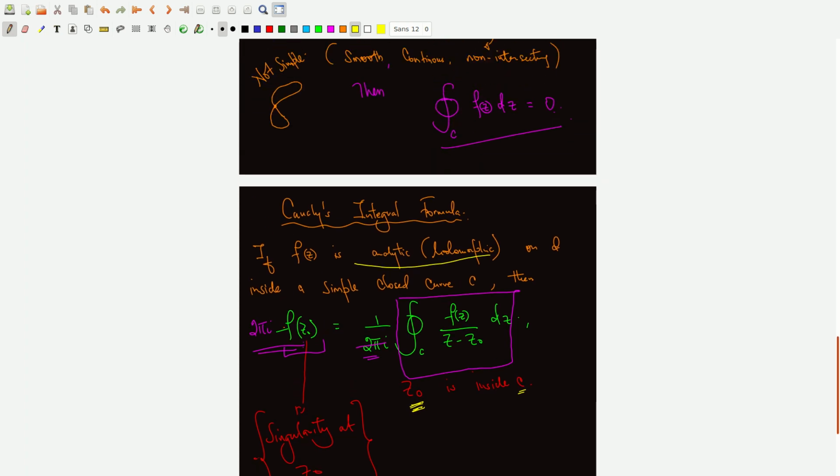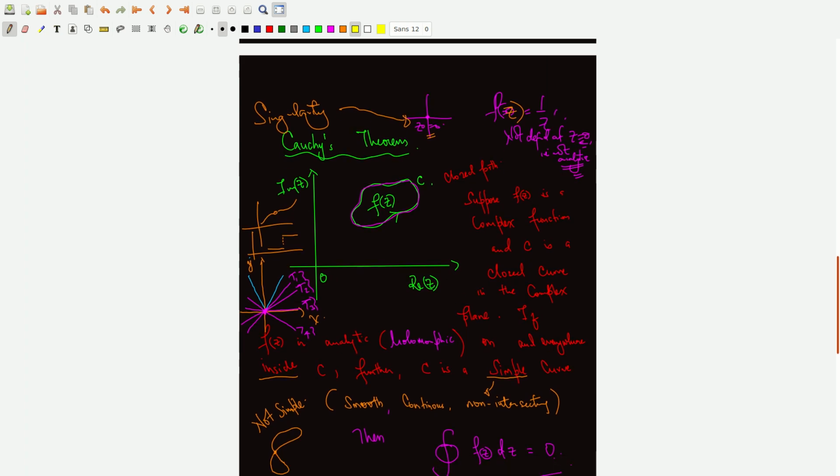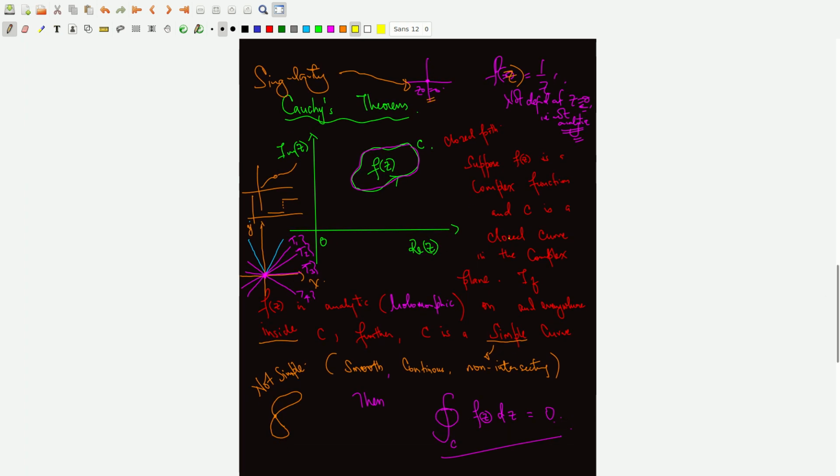Otherwise, if it does not have at least one singular point, just like under Cauchy's theorem, remember Cauchy's theorem says that f of z is analytic on and everywhere inside C. Everywhere meaning there is no single point where it has a singularity. Then the value of that integral is 0.